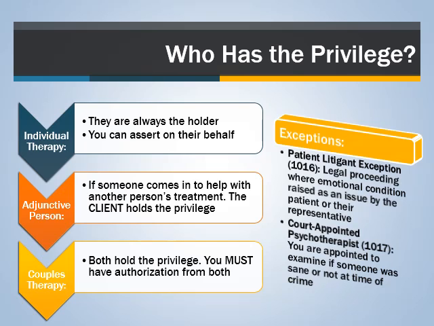Privilege is waived, however, anytime a confidential communication is disclosed by the patient to unauthorized third persons. For example, if a patient tells his neighbor he raped a woman, and he has shared this with his therapist, that information is not privileged anymore because he has made that public. The therapist is generally required to claim privilege.